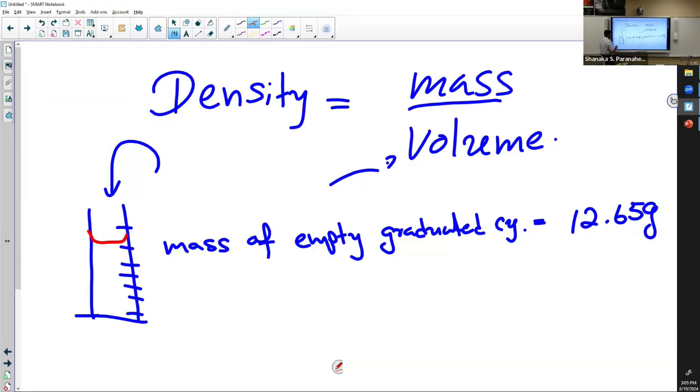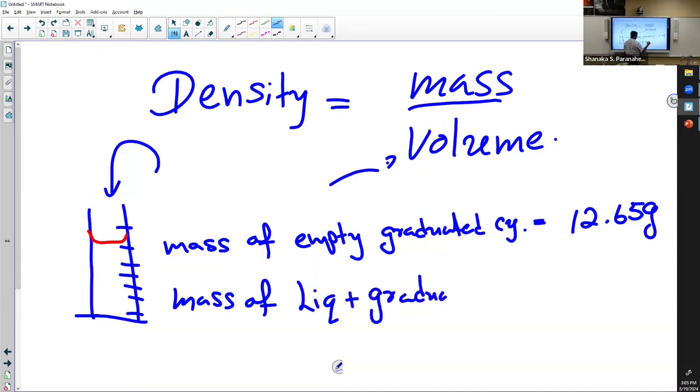Okay. So now I have the liquid and the graduated cylinder. We can take another measurement: mass of liquid plus graduated cylinder. Let's say this is equal to 19.25.